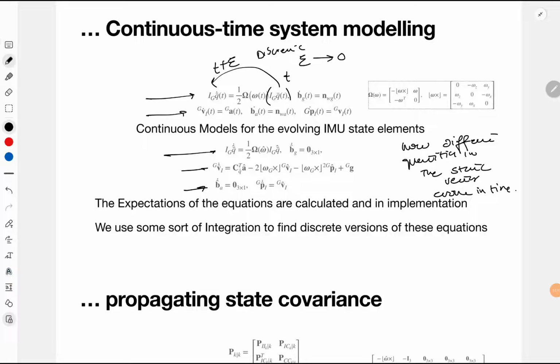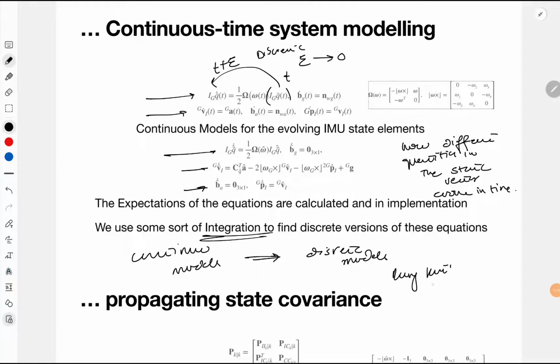So what we do instead is that we use some sort of integration to convert the continuous models into discrete models. Now it's up to the person who's implementing this what kind of integration they want to use. They could use Runge-Kutta or simple Euler, and I've seen both of these being used. It's up to you to what order you want to apply these integrations.